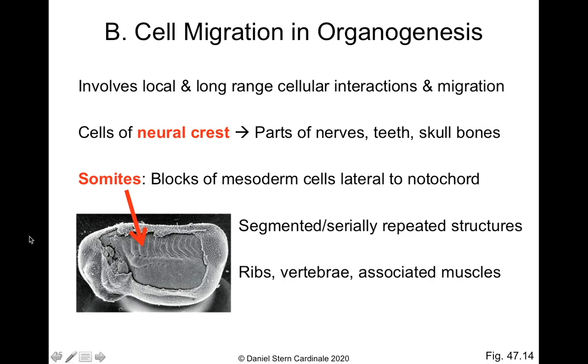Somites are often involved in making structures that are repeated through the body, or segmented structures. So if you think about things like ribs and vertebrae, and the associated muscles like the intercostal muscles between the ribs, all of those different structures are derived from somites, these blocks of mesoderm that are involved in generating repeating or segmented structures.